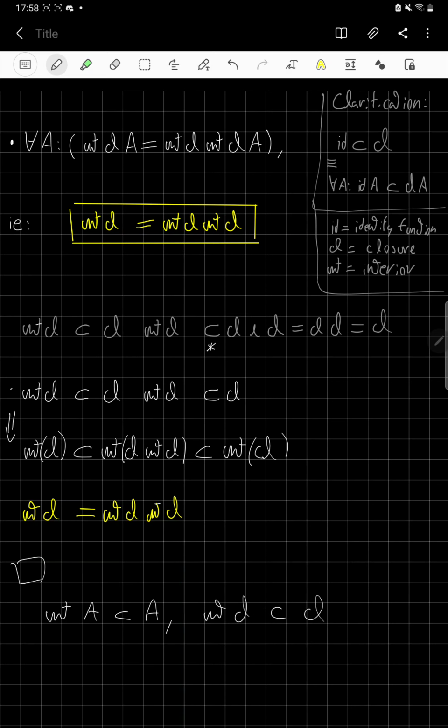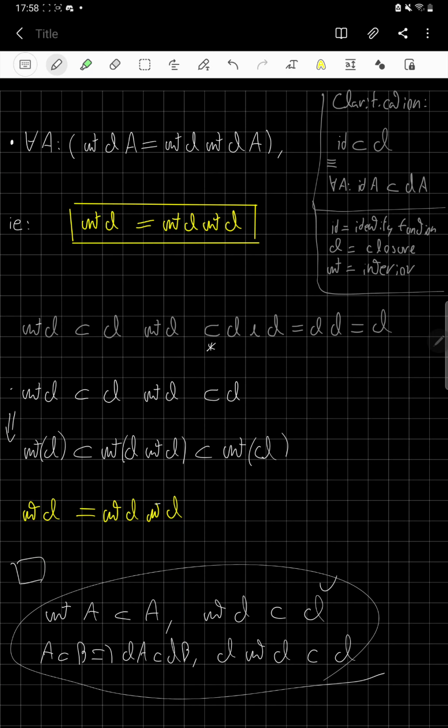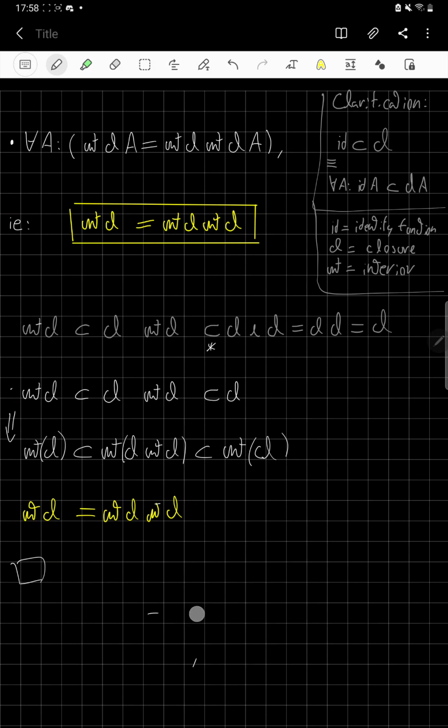And if A is smaller than B, then the closure of A is smaller than the closure of B. Therefore, applying this here, we just get that the closure of the interior of the closure is smaller than the closure of the closure, which is just the closure. Okay, that's all that happened here. Okay, that's it.